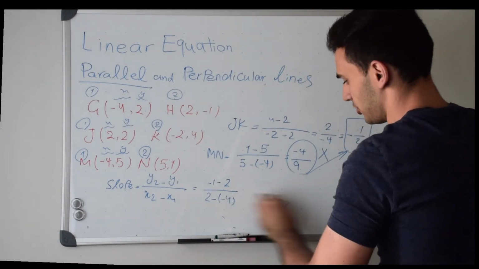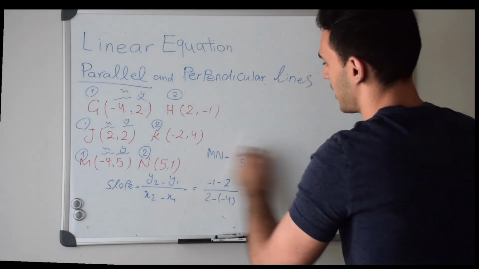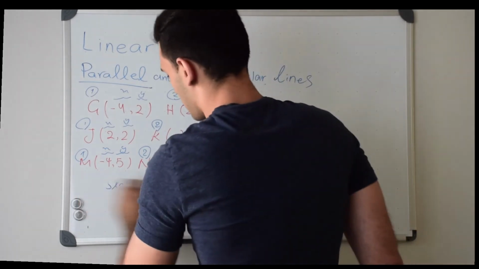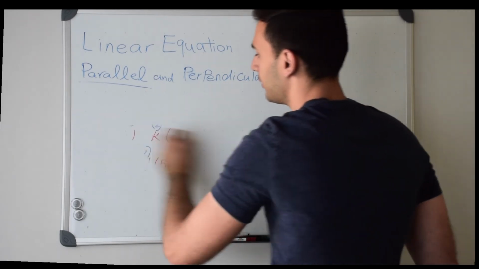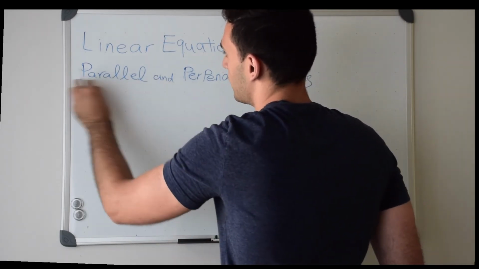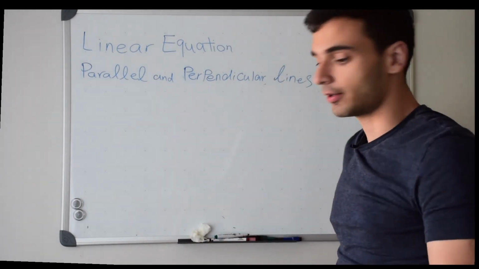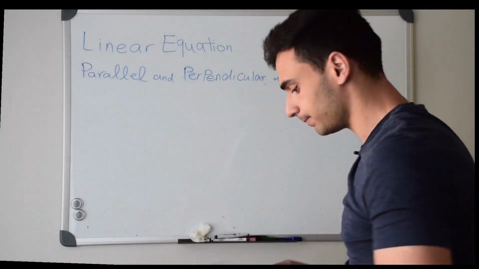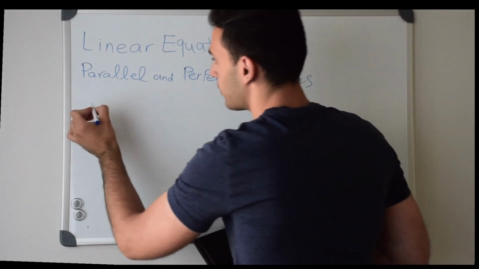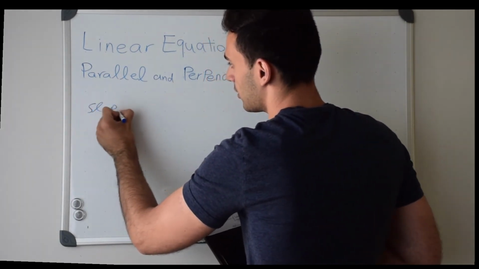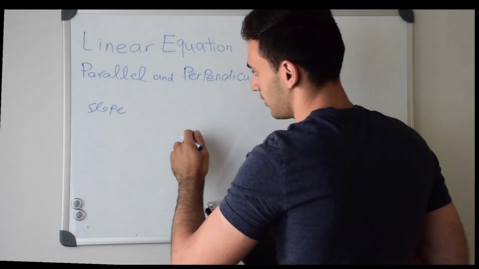But there's another relationship between two lines, which is perpendicular. How can we understand it? Again, the slope of a line plays a role here, so we should find the slopes of the lines to find out if two lines are parallel, not parallel, or perpendicular. Whenever the slopes of two lines are negative reciprocals, what does that mean?